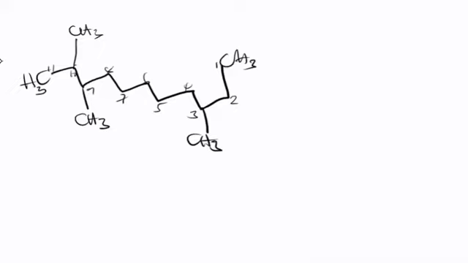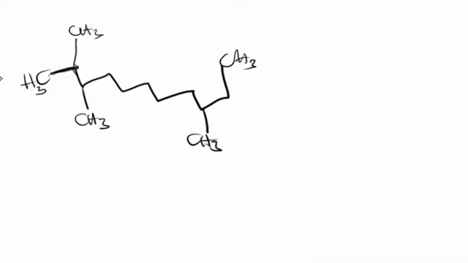So I'll have 11 carbon atoms here, whereas over here I'll simply have 10. Alright, but if I count from this end, I'll have the methyl group, or the alkyl group, at the third carbon here. But if I count from this other end, I'll have my first alkyl group at the second carbon here.